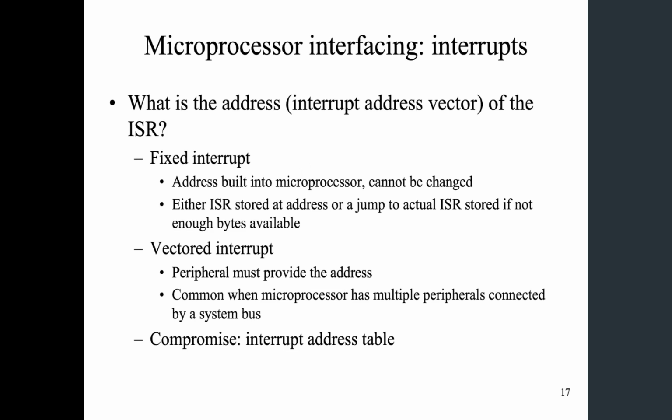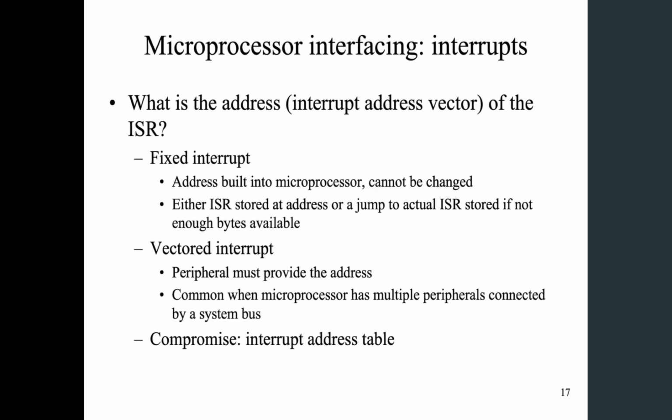There are several ways to find the ISR, especially the entry address of the ISR. We call it the interrupt address vector. The very basic one is fixed interrupt. You find this more often in low-end microcontrollers where there's only one interrupt, so there's really no need to differentiate what kind of interrupt.